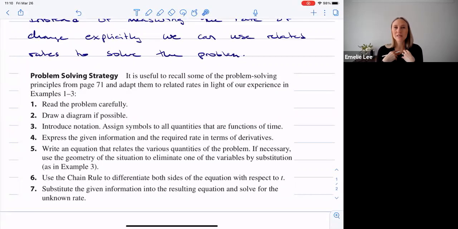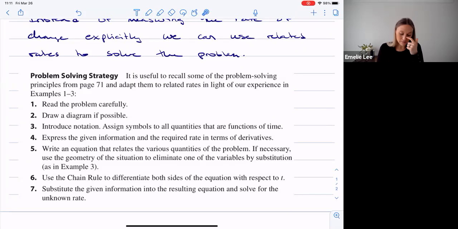And for me, at least when I see a related rates problem initially, I start sketching it out to try to get an idea, because at least for me, these relationships don't come easily. I need to look at it and see what's going on, figure out what I've been given, how can I knit these things together and make it happen.